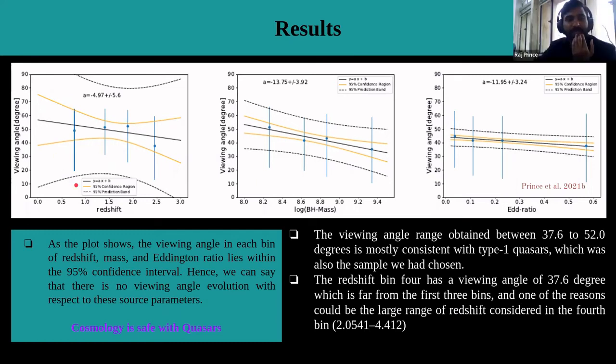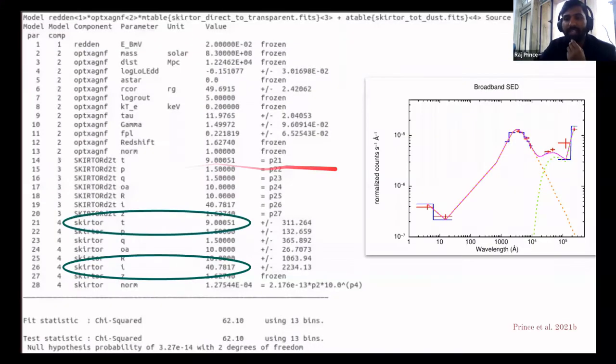Yeah, so the issue is the same actually. First, our sample is quite small. We had only 90 sources. The other thing is that we measure the time delay using SED modeling, and in the SED modeling itself we do not have very good data points. In this case, for one source at least, the data points cover the total SED, but for some sources the data points are not so good.